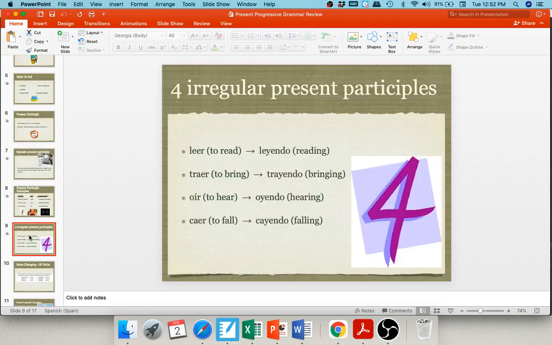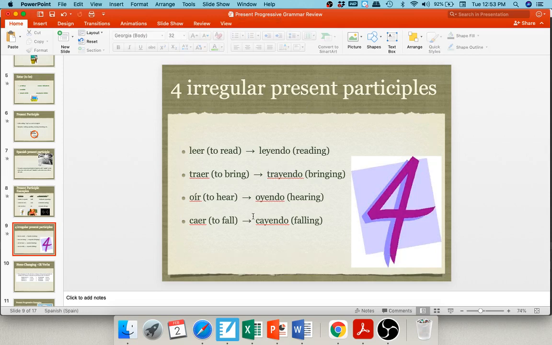As with anything in Spanish, there are a few irregulars you need to take note of, okay? Four irregular present participles that you see here: leer becomes leyendo with a Y. And if you're curious as to why this happens, when we have three vowels side by side in Spanish, it kind of creates word vomit. It becomes a tritongo, we call it in Español, and the I changes and becomes a Y. So that's sort of what happened with all of these.